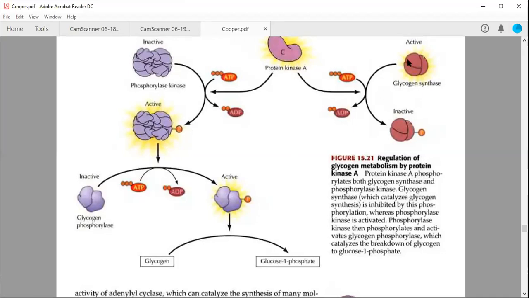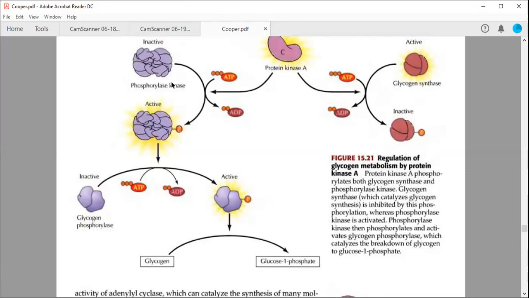On the other hand, it will inactivate the glycogen synthase because glycogen synthesis is not required. We are doing some physical exercise, so we need to break the glycogen, not synthesize it. So this should be inactivated. This phosphorylation will inhibit this particular enzyme. So once the glycogen synthase is phosphorylated by protein kinase A, it will be inactivated.